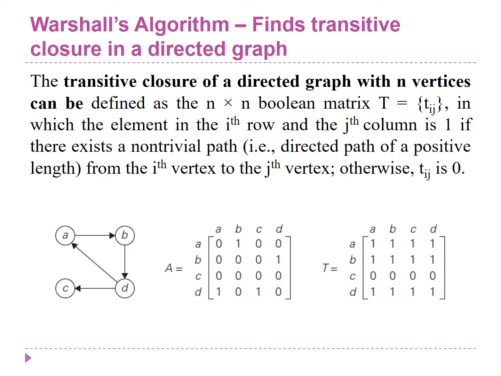Similarly, the paths between the vertices in the directed graph are calculated from the adjacency matrix and stored in the matrix T, which is the transitive closure of a directed graph. Let me explain how this transitive closure T is derived from the adjacency matrix A.